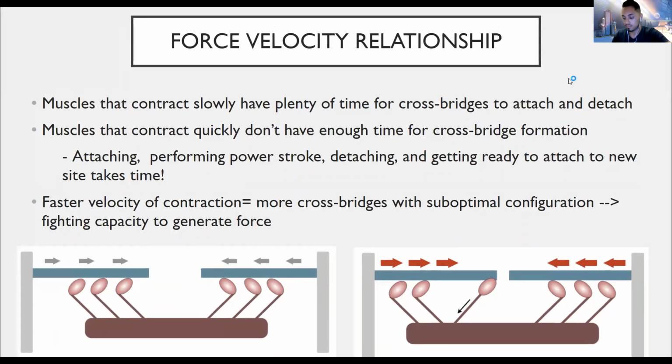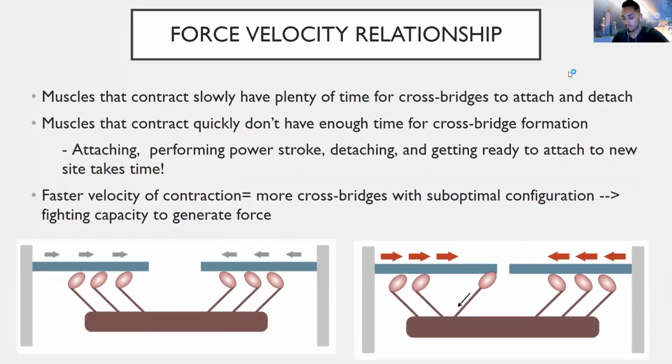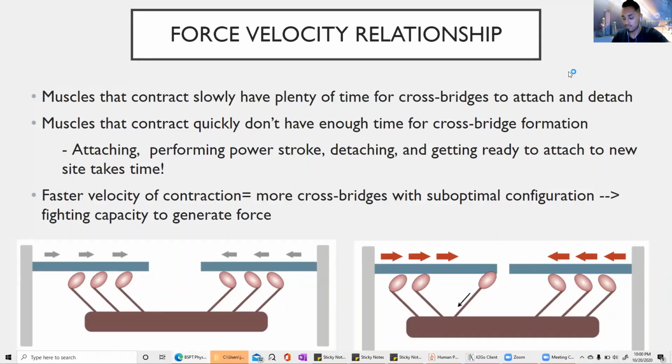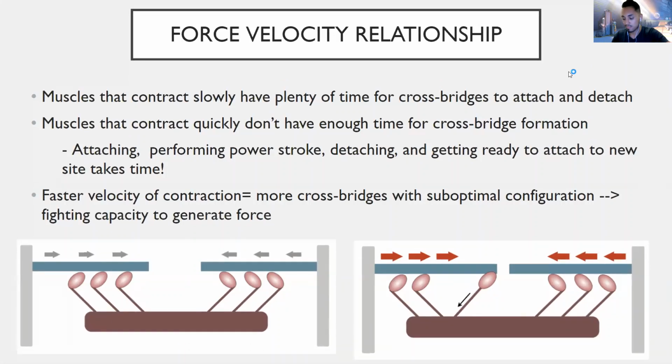That process takes plenty of time. So if we're carrying something very, very quickly, chances are those cross bridges are going to form, but they're going to be in suboptimal configurations. And so they're not going to be able to form the power stroke in an optimal manner, essentially.